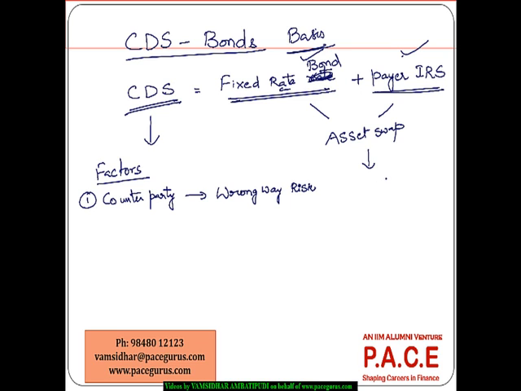Which means, what is the probability of joint default of A and C? What is the possibility of a joint default of the protection seller and the original borrower?